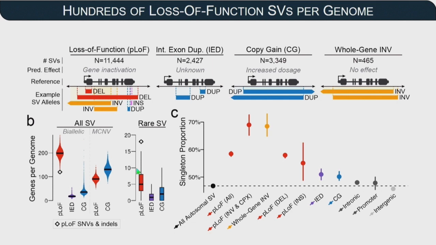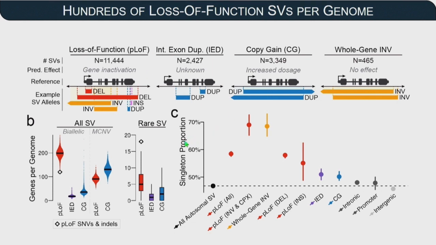And then if we consider very rare structural variants or very rare loss of function mutations, it turns out that about 25% of all rare and private loss of function mutations per genome in gnomAD are actually represented by structural variants. So we get about 18 SNVs and indels and about 6 rare or private structural variants per individual. So in fact, when we're thinking about disease association and clinical applications, without capturing that background structural variation load, we're missing about 25% of the known predicted loss of function mutations.